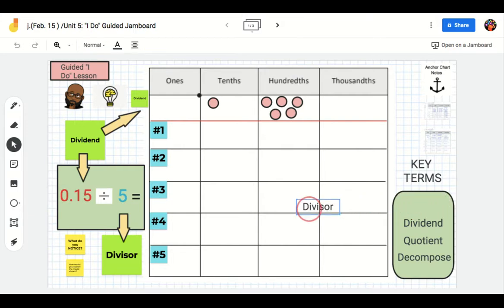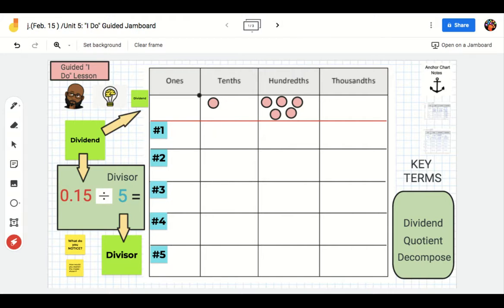The divisor is the number that you are dividing into. In this case, we have 5. The divisor is letting me know how many groups need to have equal shares.